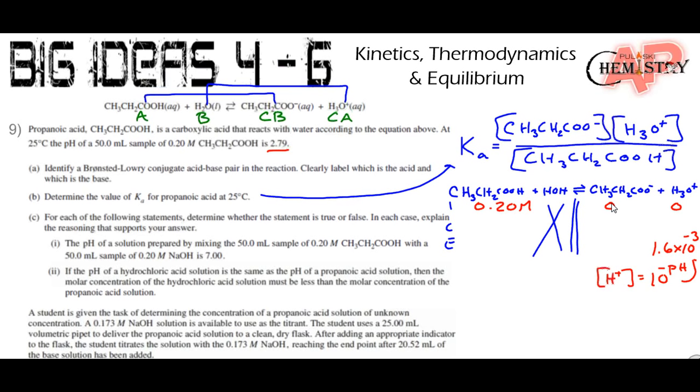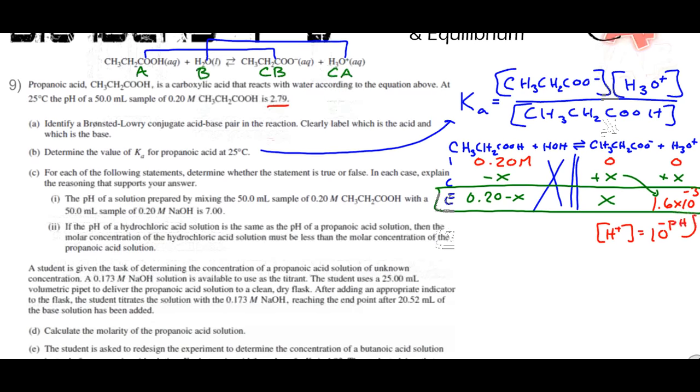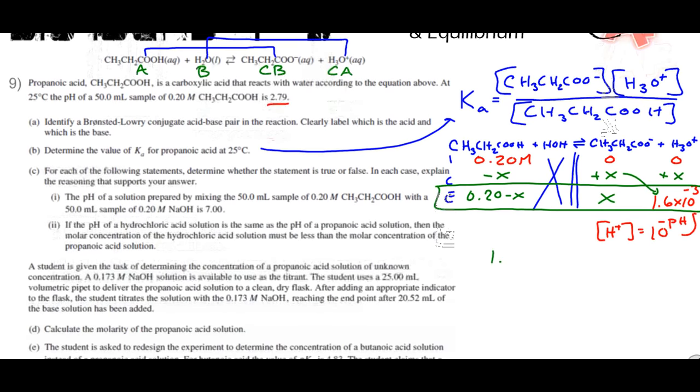You need to understand that if you're finding a K, that means you must know everything on this line. Well, if you have an initial on one species and you have a final on another, all the work is done for you because this is plus x, this is minus x. So x must equal 1.6 times 10 to the negative third. So you would take 0.2 minus that value. This will be the other value. So let's plug that in.